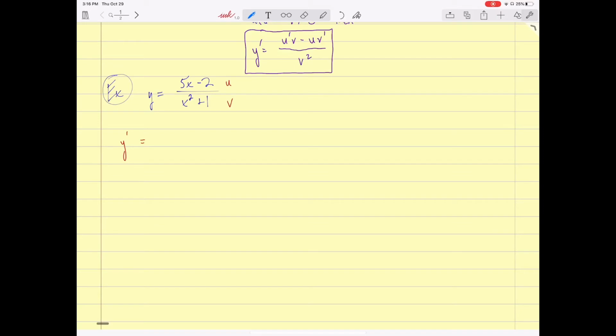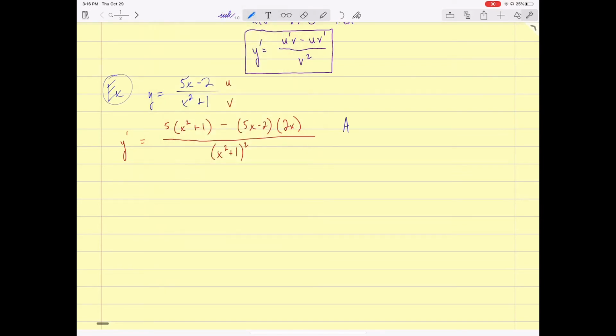It says to derive u, so that's 5, multiply by v, subtract u. Always put these in parentheses, and then multiply by v prime. Well, v prime is 2x. And then square v. So this would be x squared plus 1 squared.